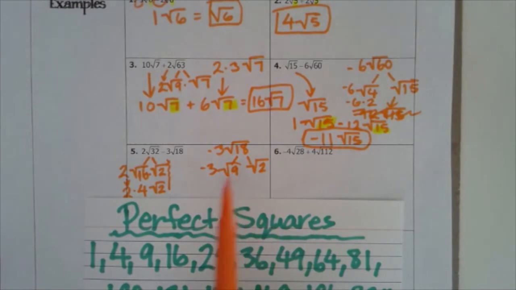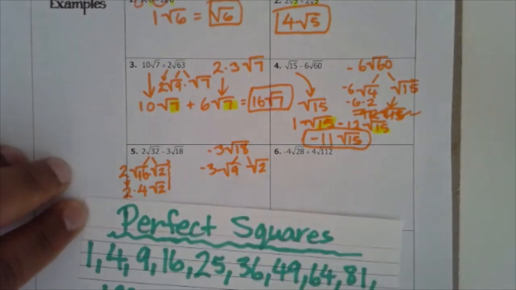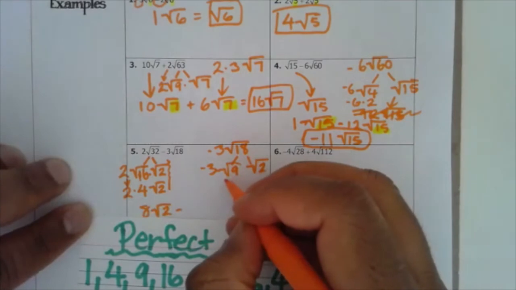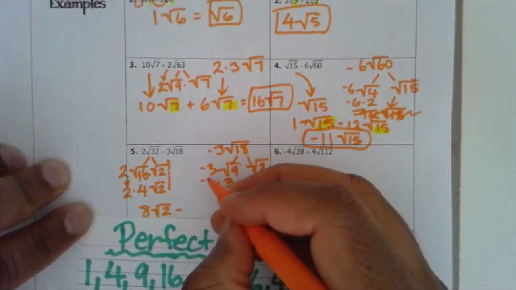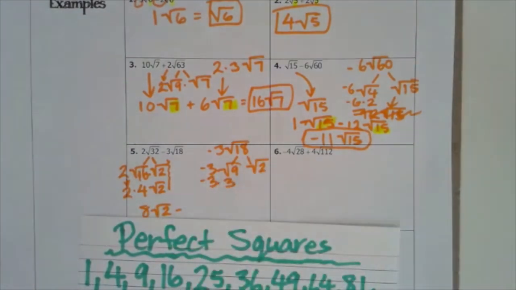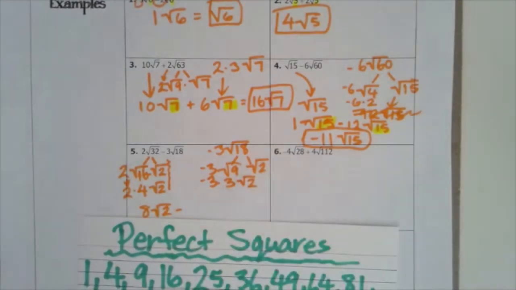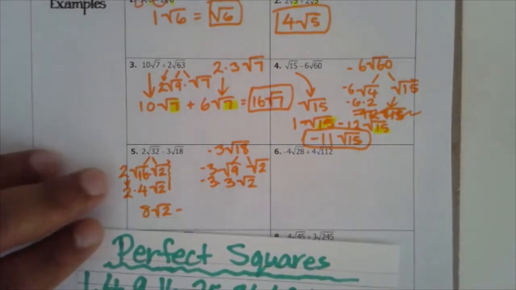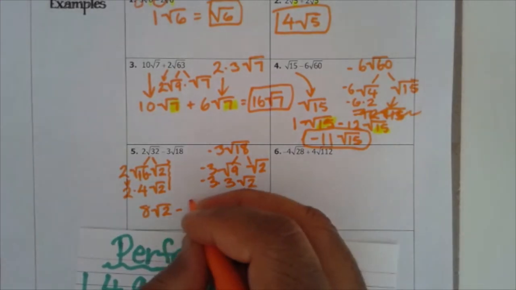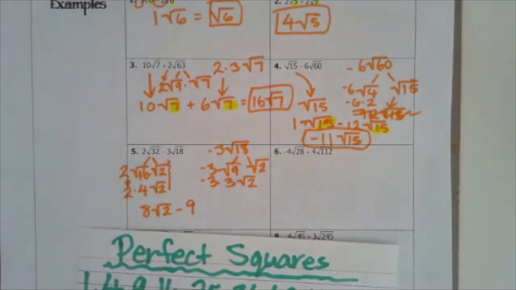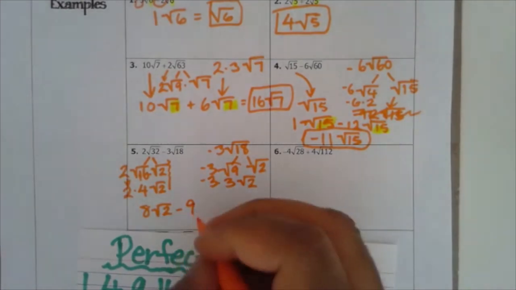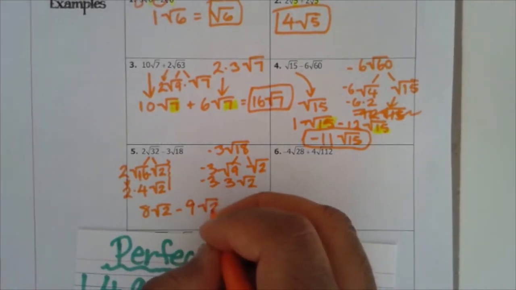Once I take the square root of 9, we're going to end up with a 3 here. And I'm going to multiply that by the negative 3 that's already on the outside. And so once I do that, negative 3 times 3 is going to give me a negative 9 that I can bring down, or that minus 9 square root of 2.